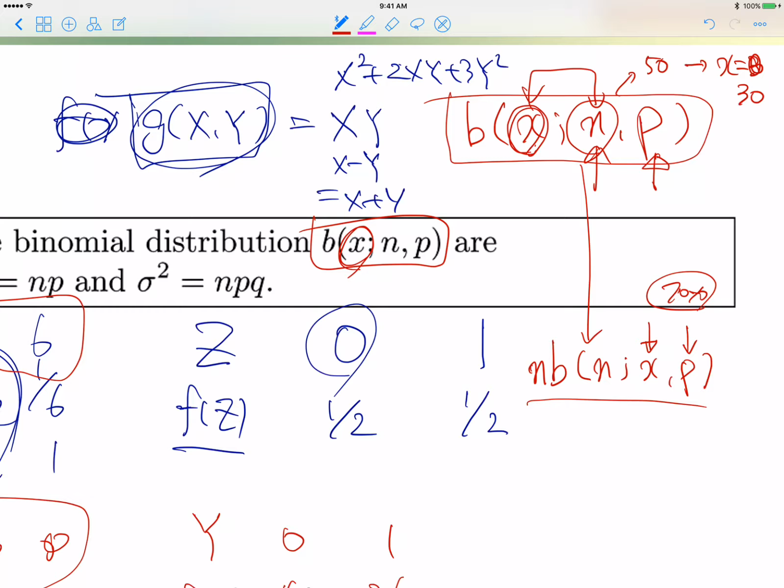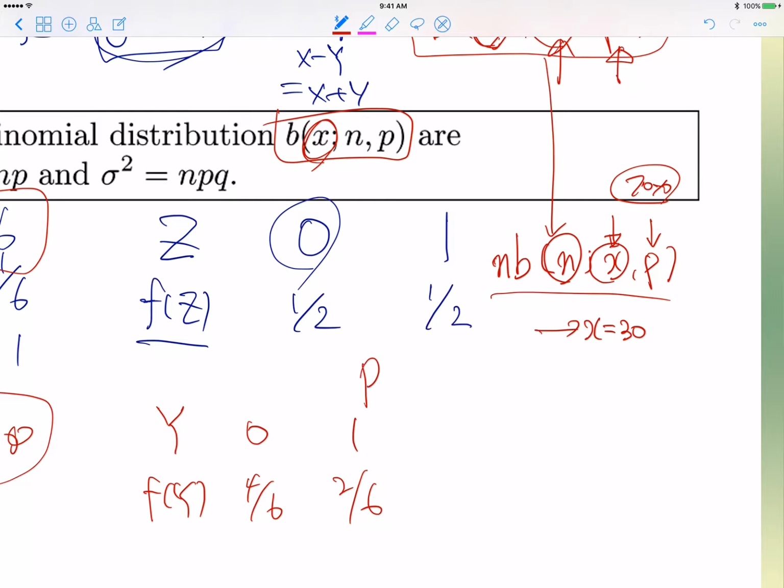But here we fix x, so we have to obtain 30 red balls. That is our assumption, because that is working as the parameter value. But here we consider different possible values of n, the total number of samples, in order to obtain 30 red balls.